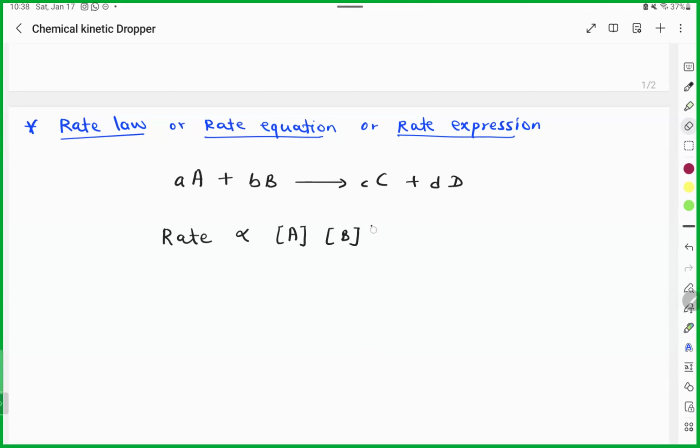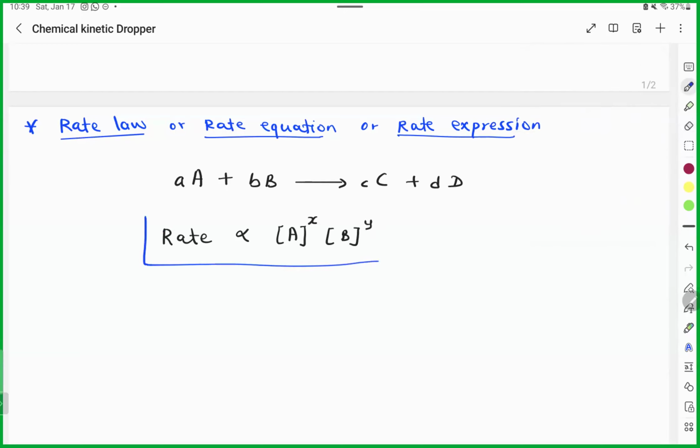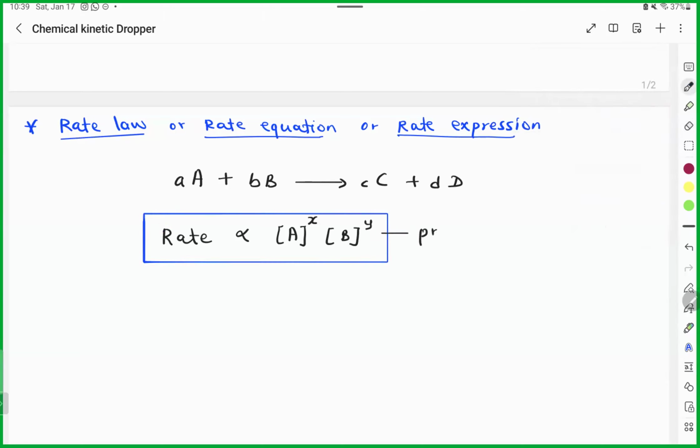Yes. So that's why we are using different numbers, X and Y. We don't know what the X and Y values are. All these things are proved experimentally. So you can't tell merely by looking at the reaction what will be the order of reaction. Correct?